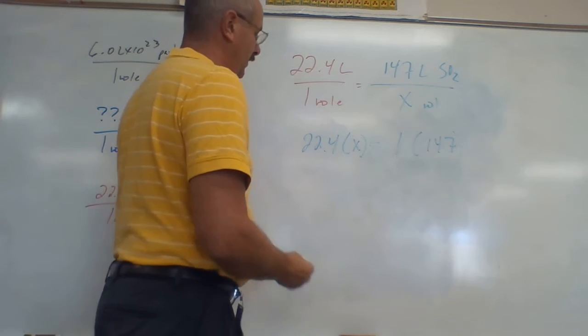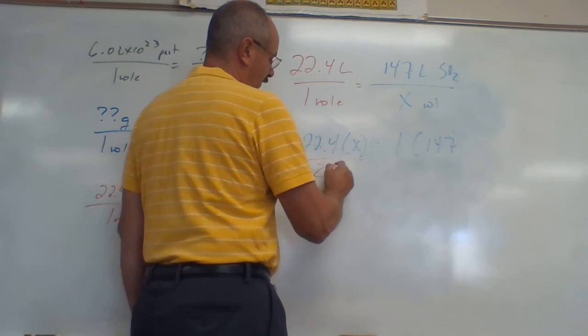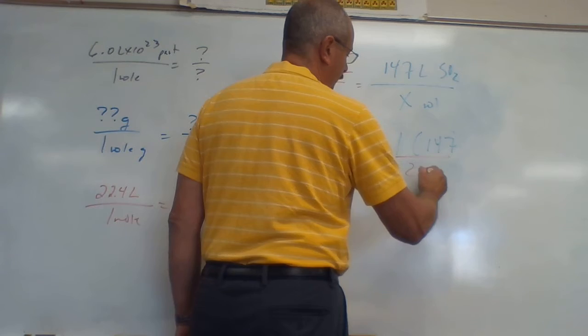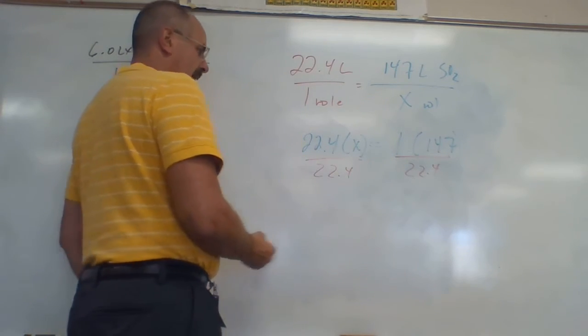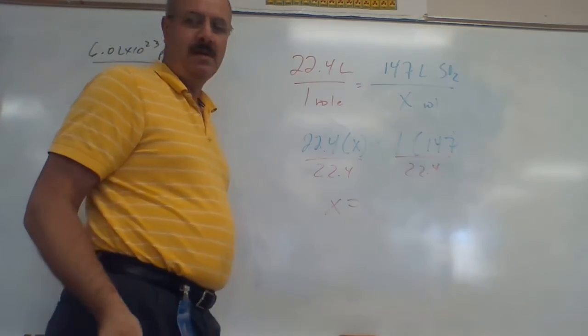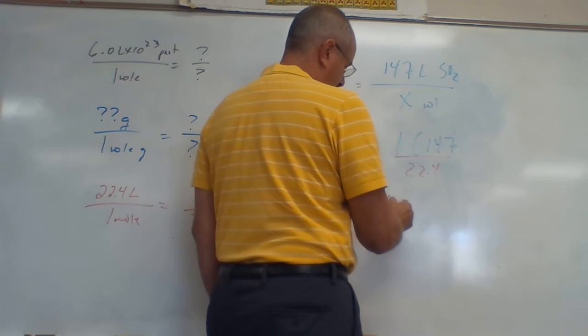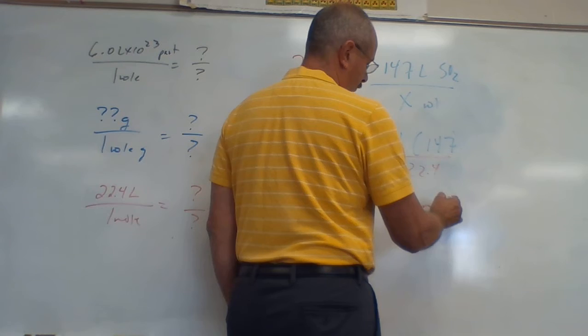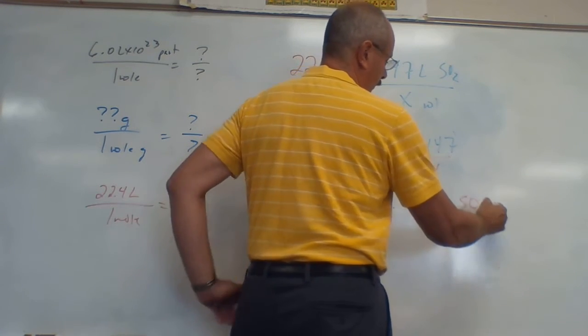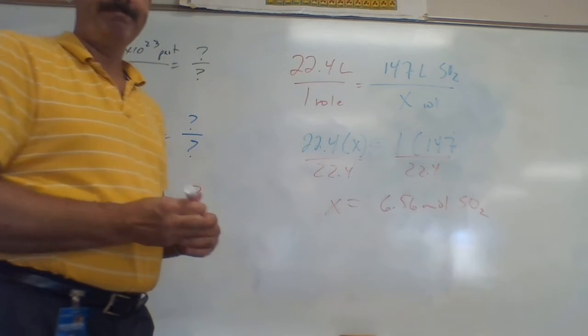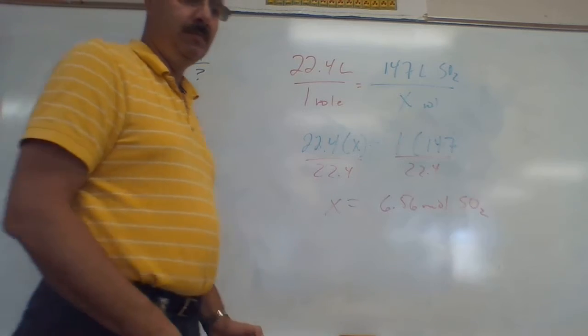So we've got to get X by itself, divide by 22.4, divide by 22.4. And you end up with X by itself, and X ends up equaling 6.56. And that's moles of SO2, sulfur dioxide. So that was the first one.